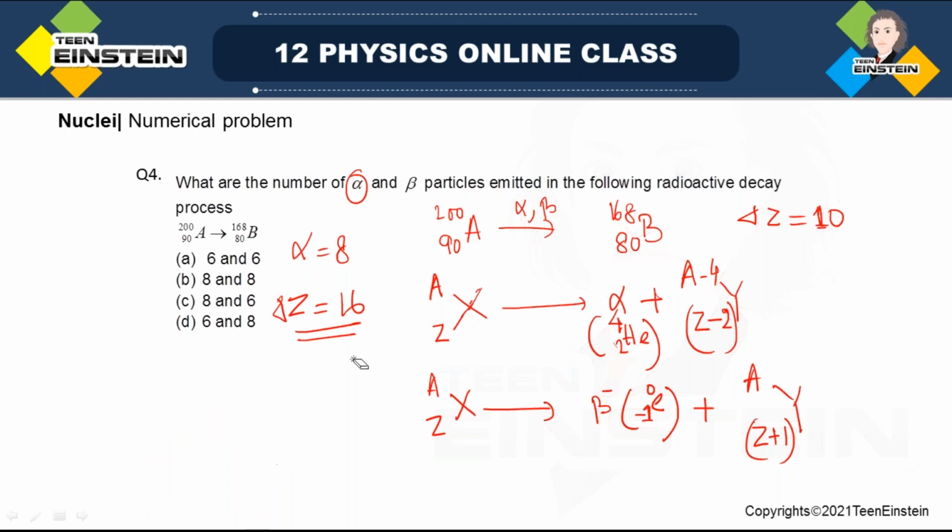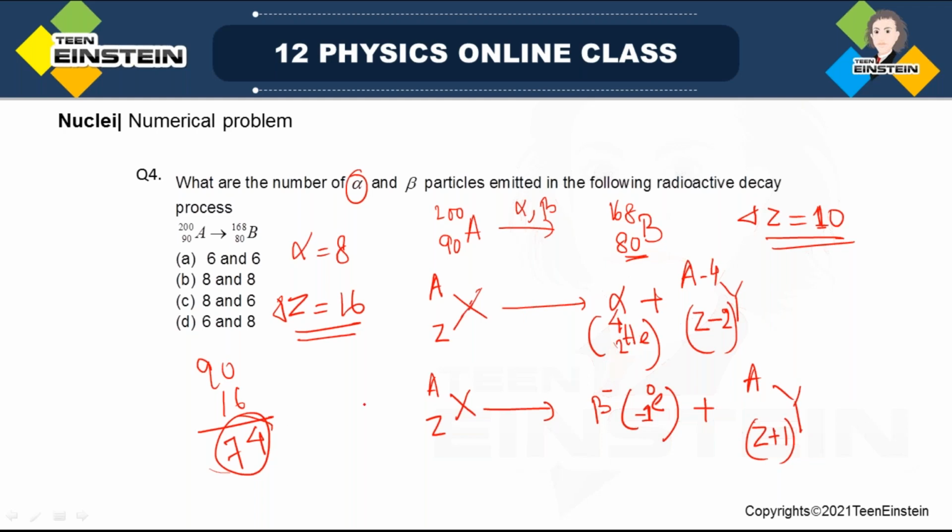That means when this change is less than 16, you have to understand, there should be 90 minus 16, so you should have 74 atomic number over here, but you have greater than that.